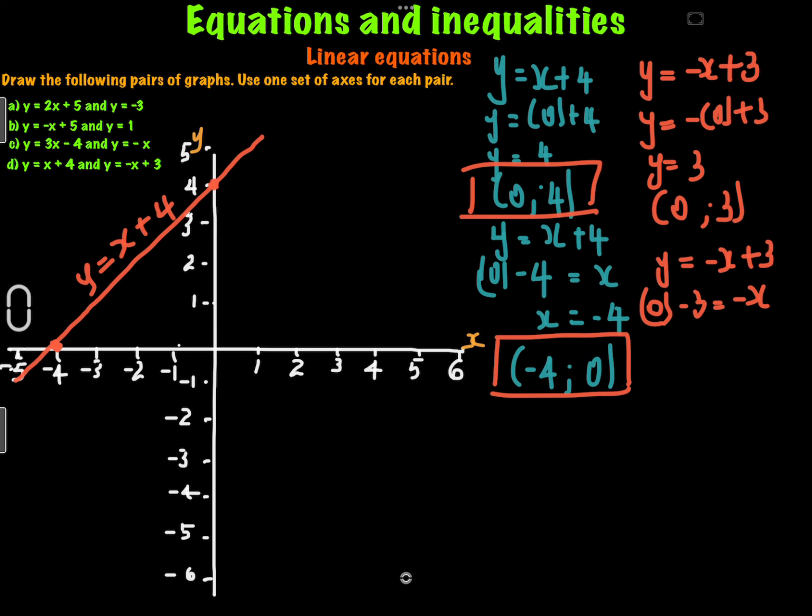So what we need to do is just to simply divide by negative 1 on either side. So negative divided by negative gives us positive. So negative 3 divided by negative 1 gives us positive 3. So when y is equals to 0, x is equals to simply 3.